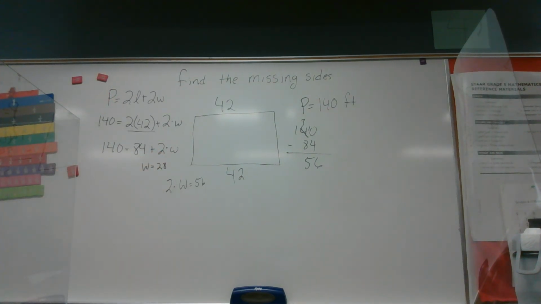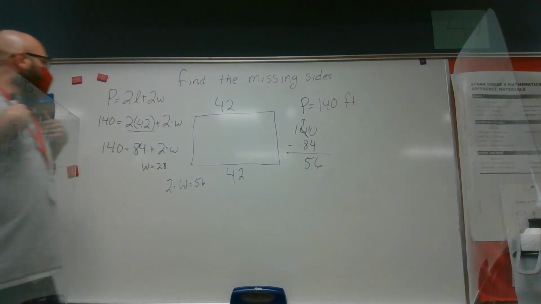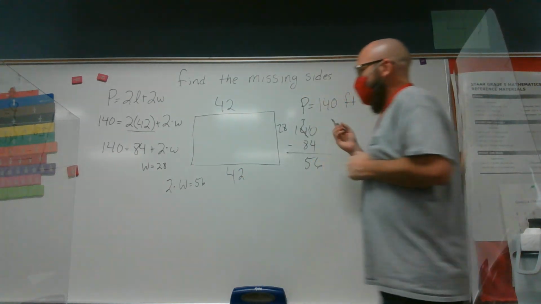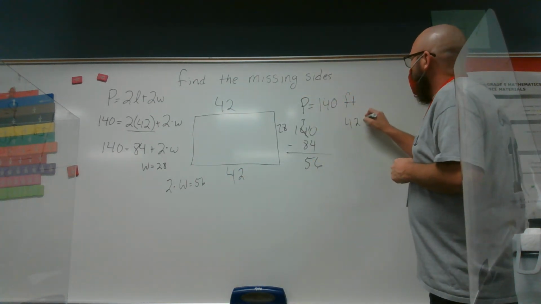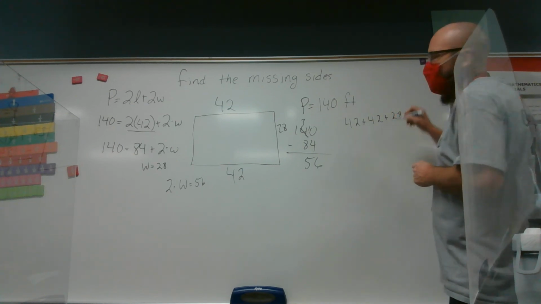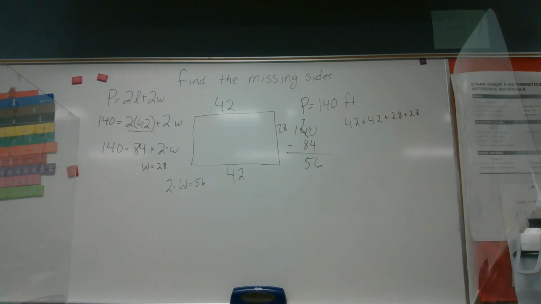I want to check, because I always want to get the answer right. So I'm going to check and see if, and I can check this, 42 plus 42 plus 28 plus 28. If I want to do the easier math, because I like to add instead of multiply, because I'm busy.